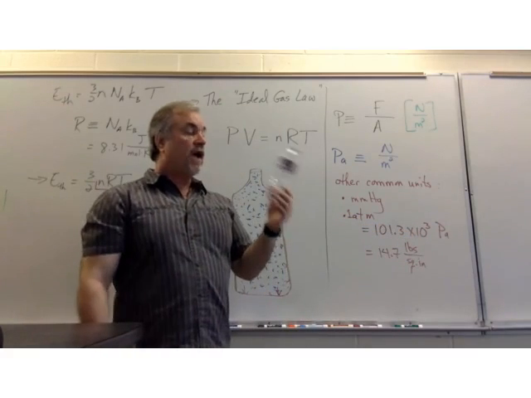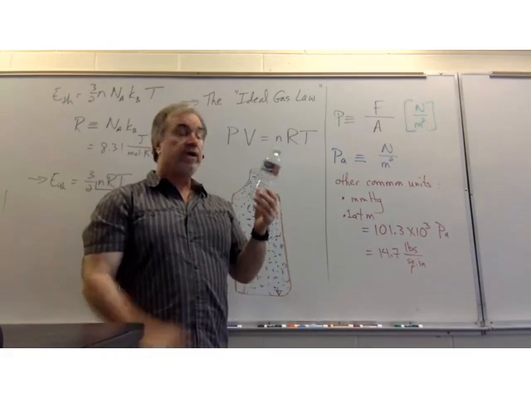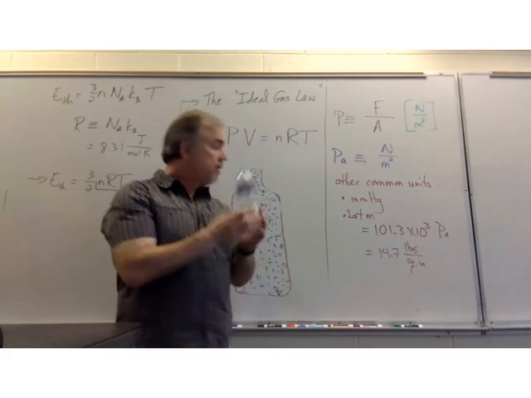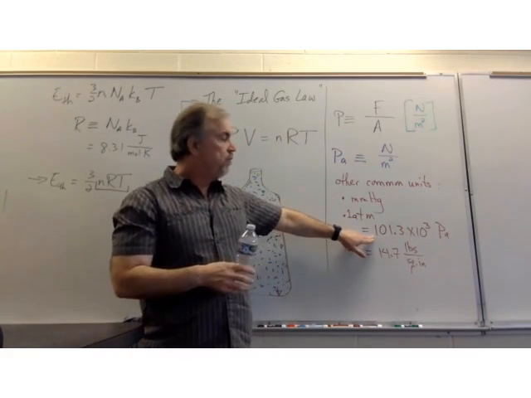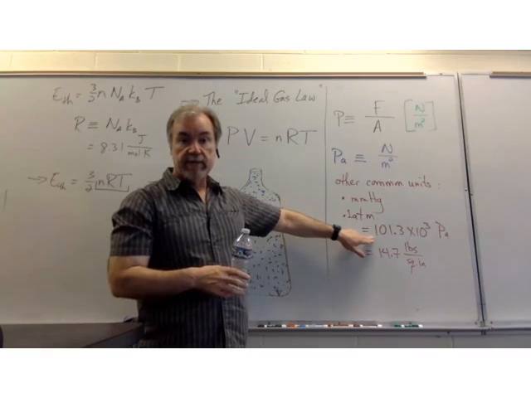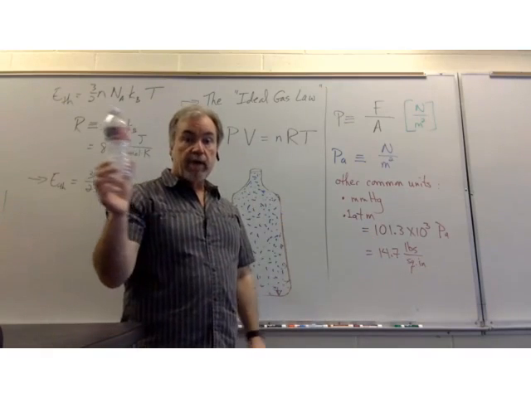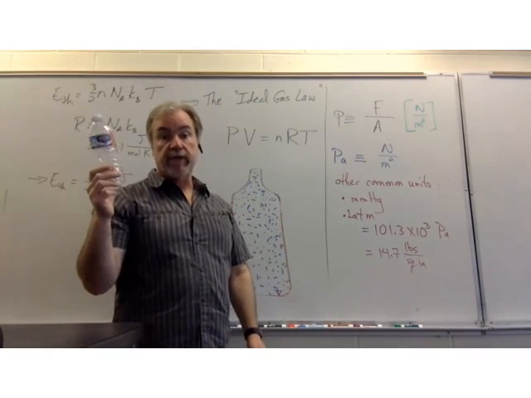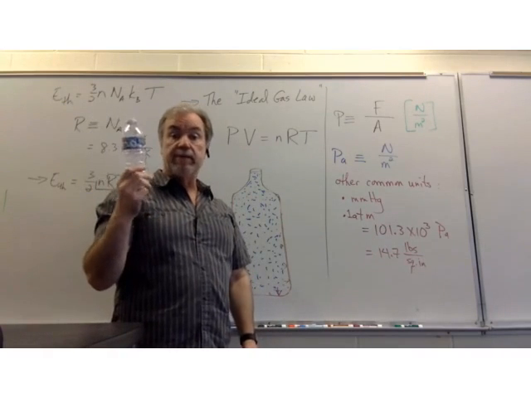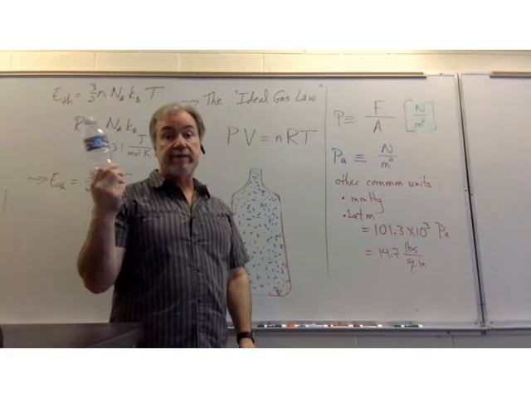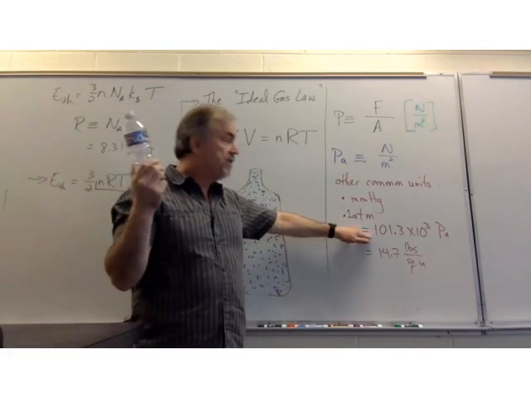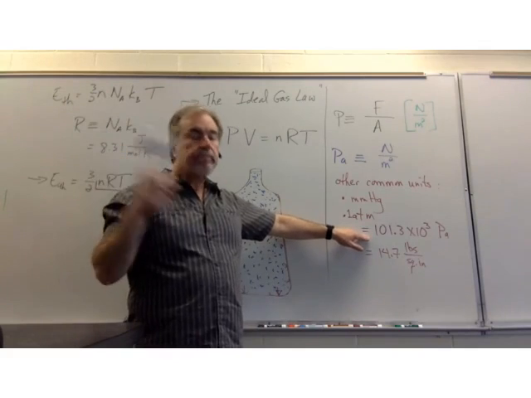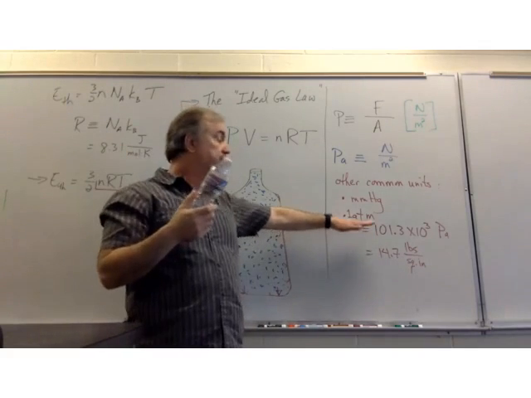And I can tell you, therefore, that the pressure inside the bottle is also 101.3 times 10 to the third Pascal. I know it has to be because this bottle is not crumpling into a little plastic ball, or exploding either. So the pressure inside has to be equal to the pressure outside. Since I know what the pressure outside is because it's caused by the atmosphere, the pressure inside has to be equal to that.